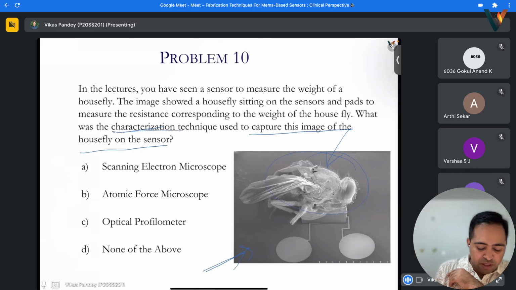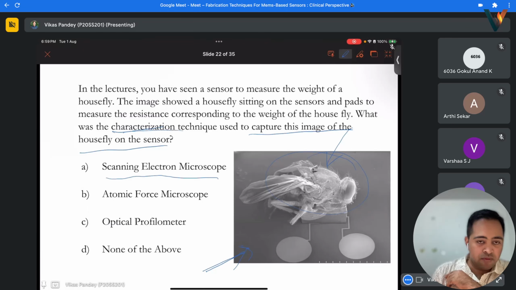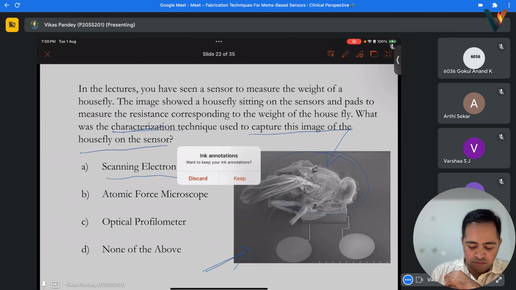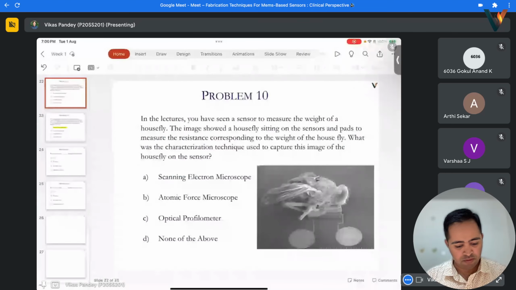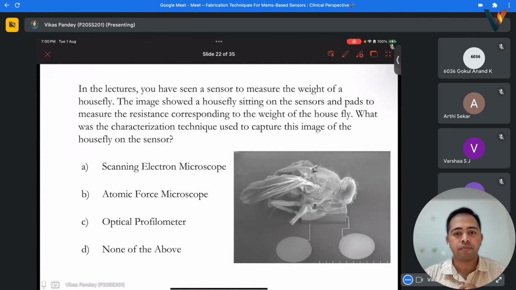Anyone knows how a scanning electron microscope works? Anyone?